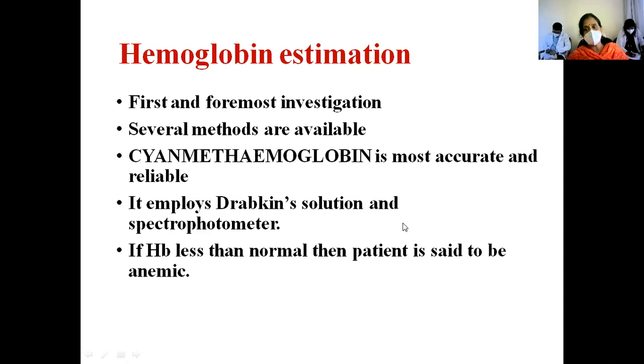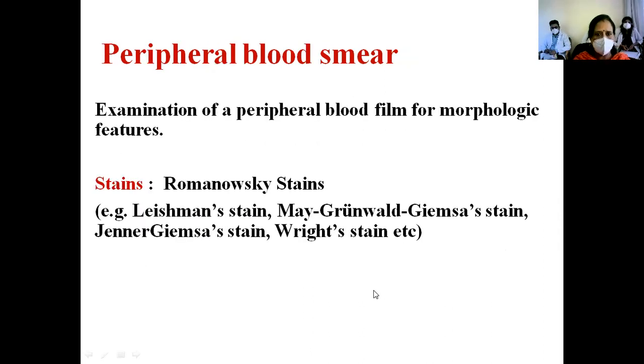So the amount is very less, but still, be careful with the cyanide which we keep to prepare this. Otherwise, with the Drabkin's solution, maybe we have to drink liters of it to get poisoned. So if hemoglobin is less than normal, then the patient is said to be anemic.